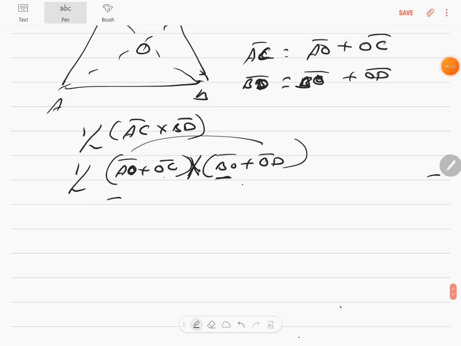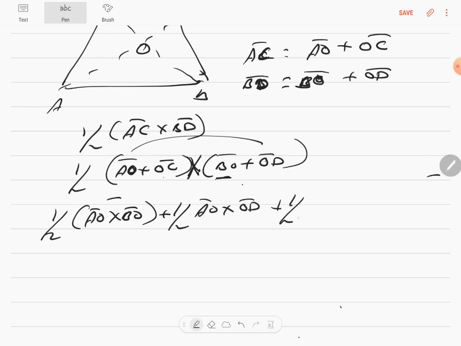There's a cross here, so let's try to make it distributive. Half of AO cross BO plus half of AO cross OD plus half of OC cross BO plus half of OC cross OD.